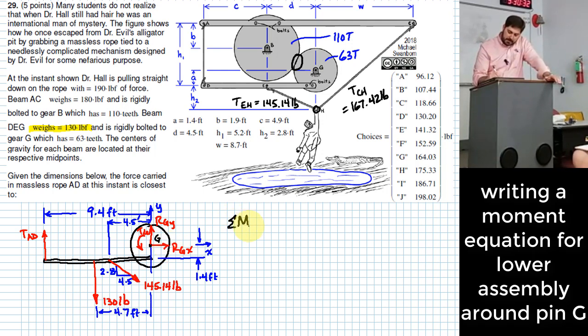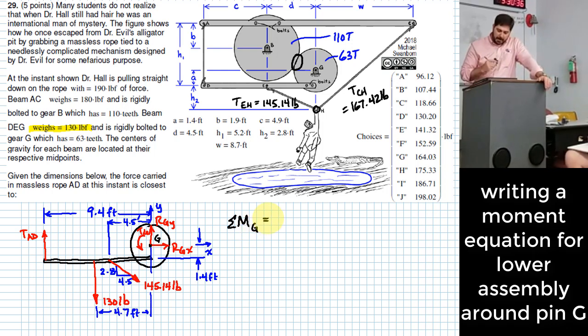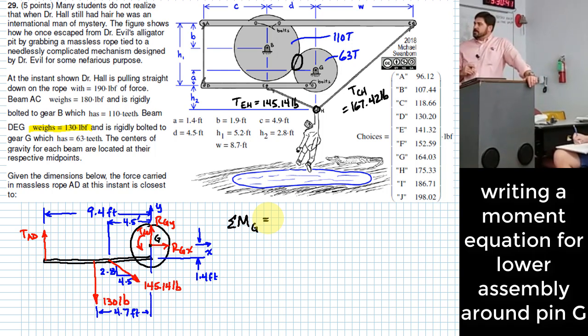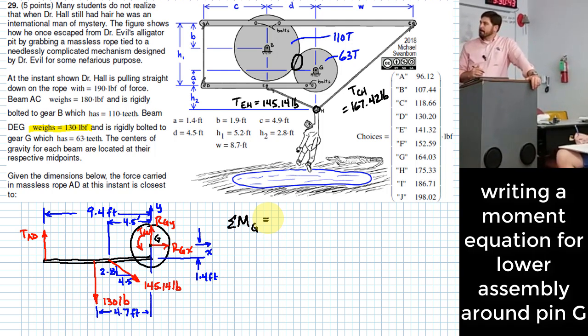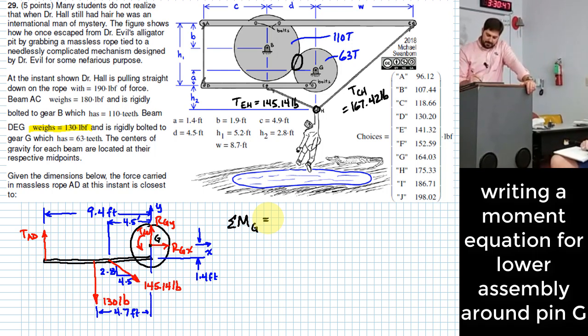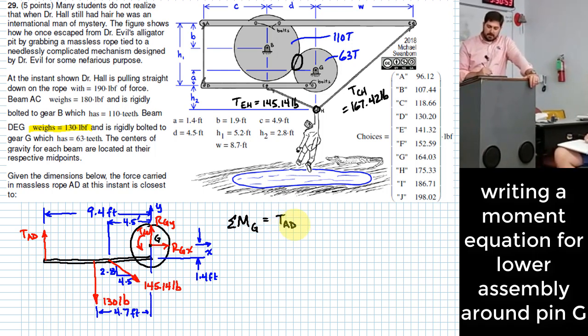Some moments around point G. Okay? So what do we have that contributes to that? TAD, right? Times what?